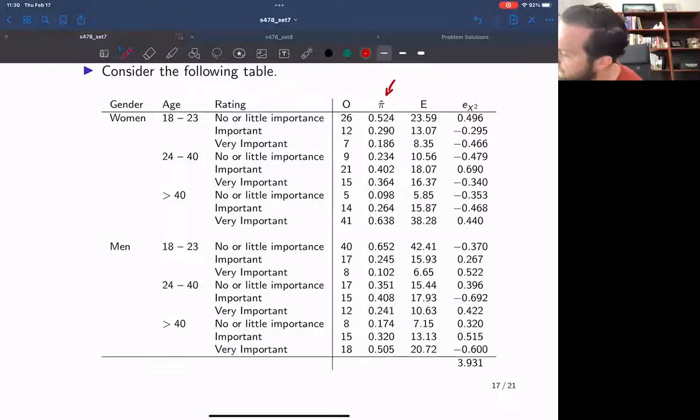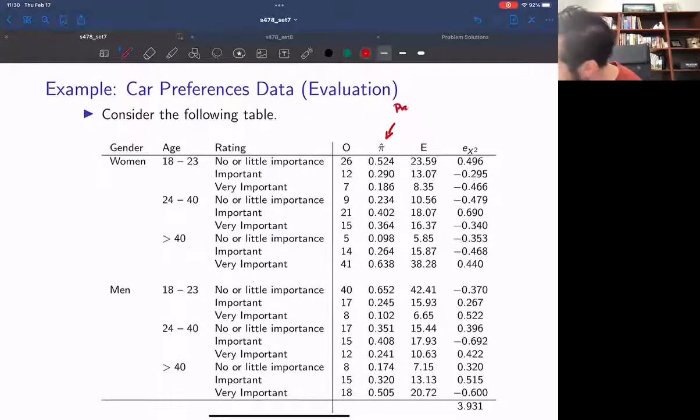So these are the probabilities that n will vote for a particular rating.